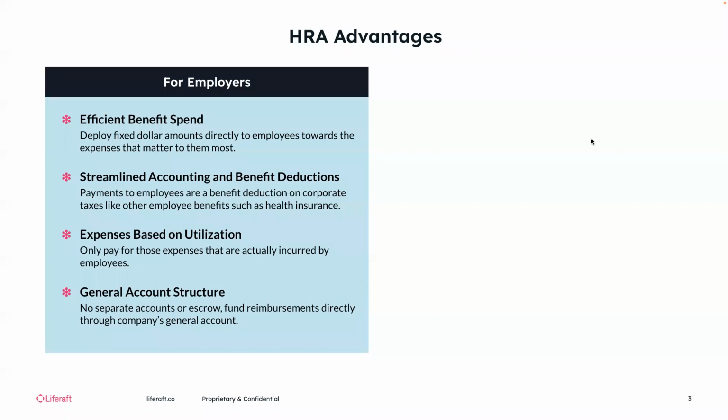Number one, as you have employees moving in and out of your company, you aren't allocating those funds out to the employee that stay with them. It actually stays in your general account. And so if an employee is leaving your business, that means that they are no longer going to have access to the funds because it's really a reimbursement limit that they have as an employee of your business.